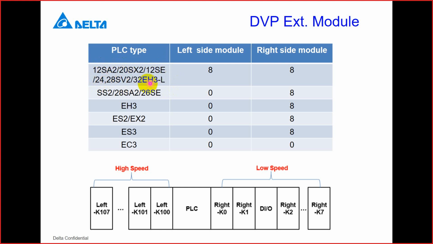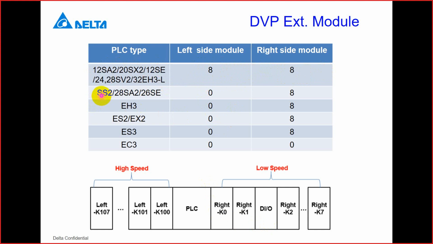Only this limited set of PLC models can expand on either the left-hand side or right-hand side with modules. So you can see only in these limited PLCs, we can expand a total of 16 on both sides, okay?